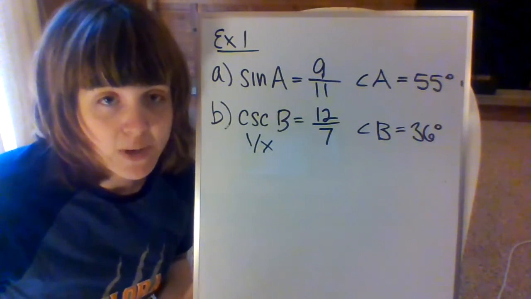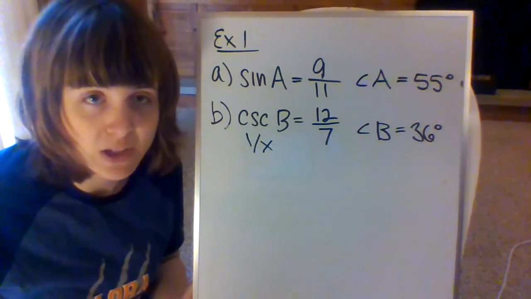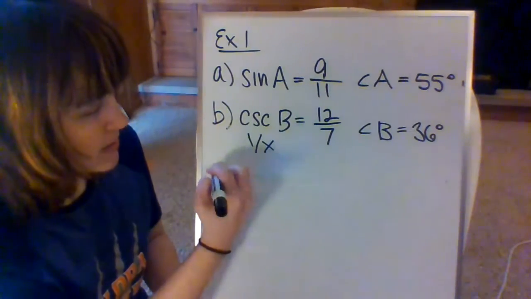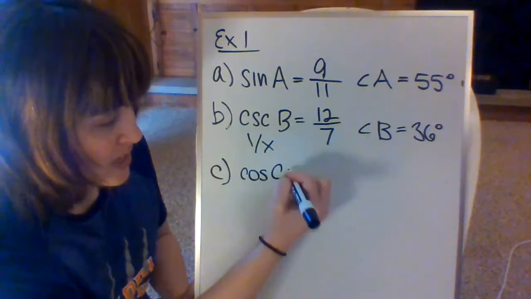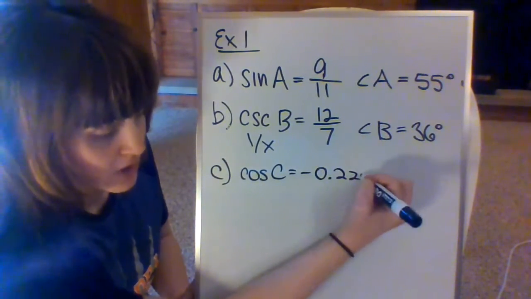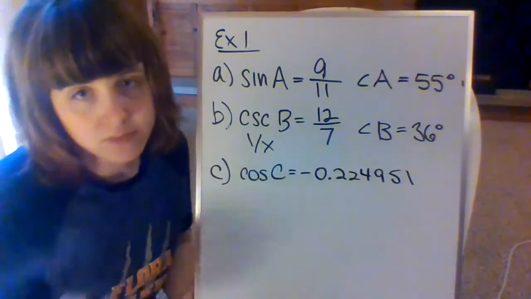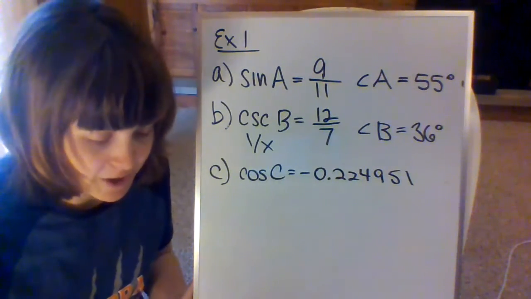Now I'm going to give you a decimal. So a trig function of some angle is going to equal a decimal, and then we're going to find the angle. So part C says cosine of C equals negative 0.224951. So when you have a problem like this, you want to type the decimal in first.